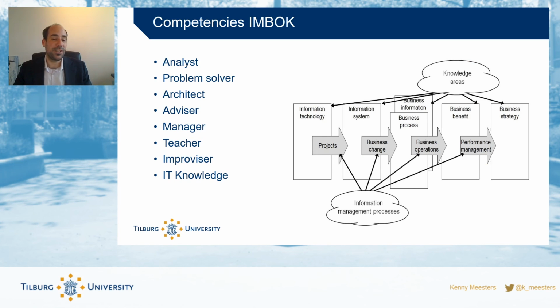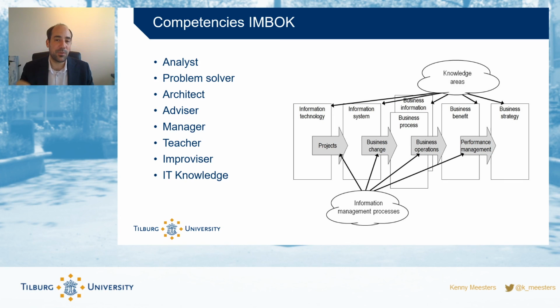So that brings me to this last slide about information management when it comes to information systems development and acquisition. I think throughout this lecture you've seen that I've talked about a lot of different aspects of systems development.